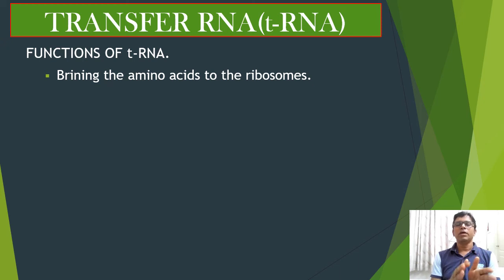Some amino acids are carried by more than one type of tRNA. In this way, tRNAs help in bringing the amino acids to the ribosomes where protein synthesis takes place. tRNAs play a key role in the synthesis of proteins.